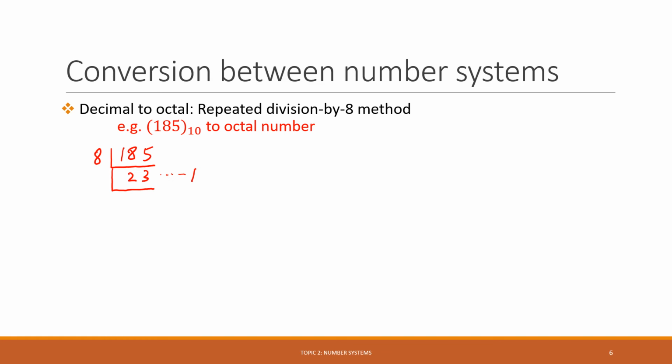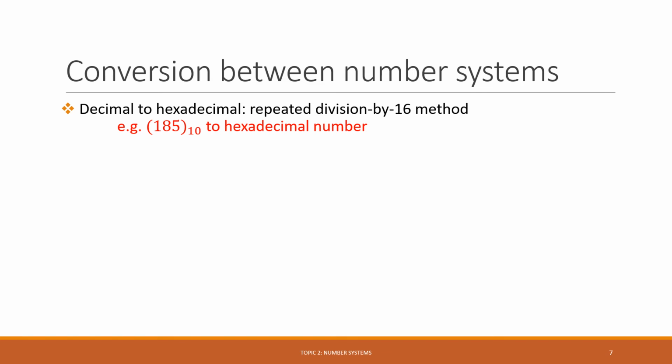Then I divide it again, so I got 2, and the remainder is 7. Then I divide it again. Now I got 0 as quotient, and the remainder is 2. Then we stop here and write it back from bottom up. So we got 271 as the octal representation of 185. Okay.